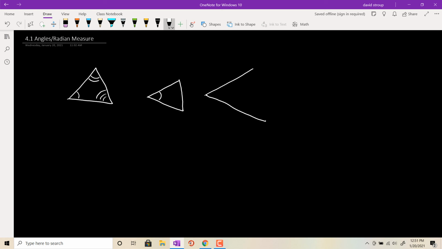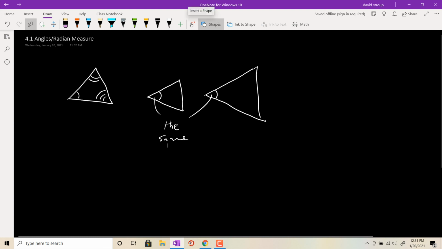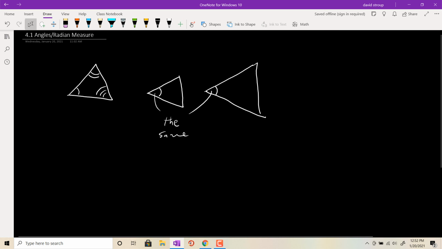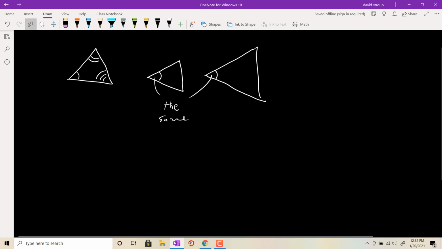It doesn't change just because the sides become longer. So this angle here and this angle here are the same. We want to develop some sort of way to measure that, and we'll have degrees and then radians later on.